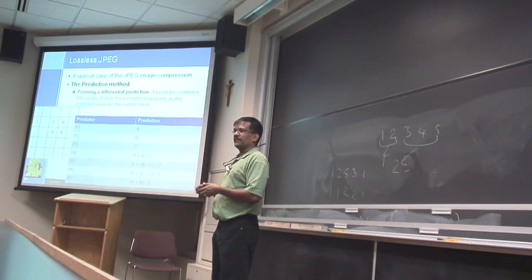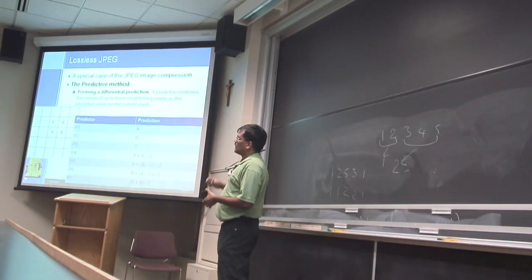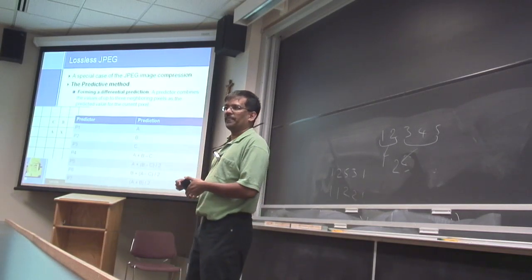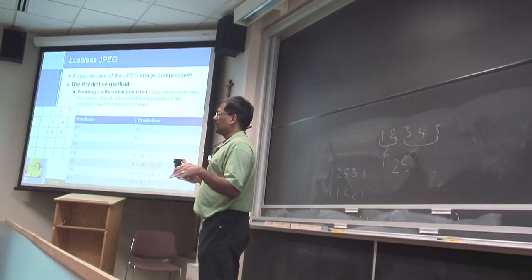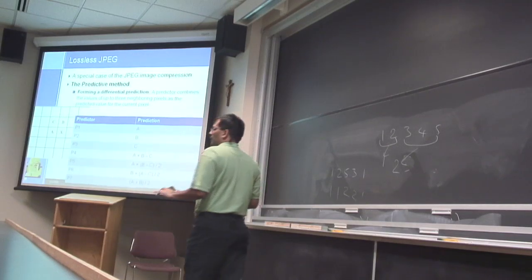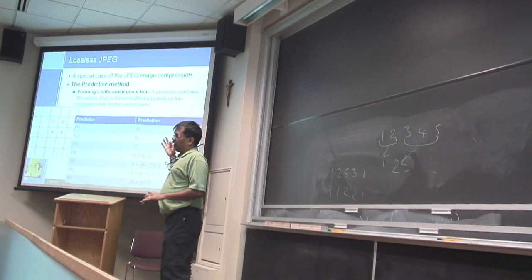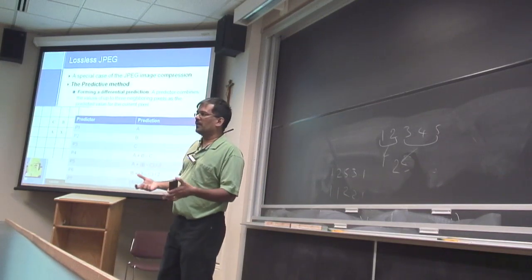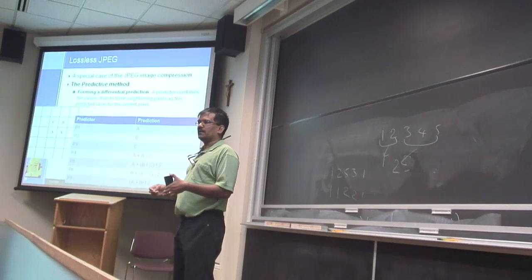Does that make sense? One of the popular coders that uses this is the lossless JPEG. JPEG has 4 different modes, and we'll see the other 3 modes later on. You've probably never seen lossless JPEG because it's there for completeness' sake.